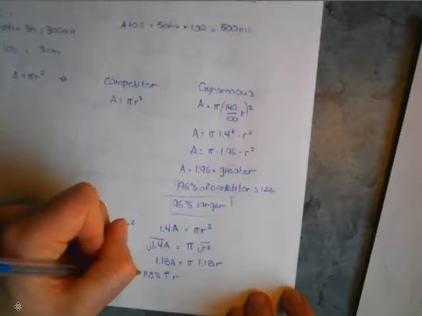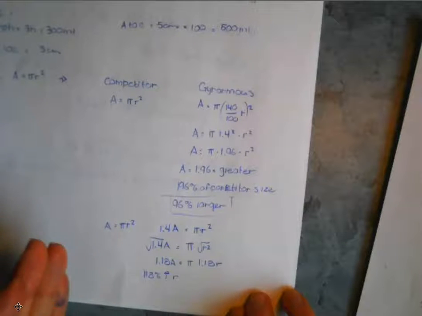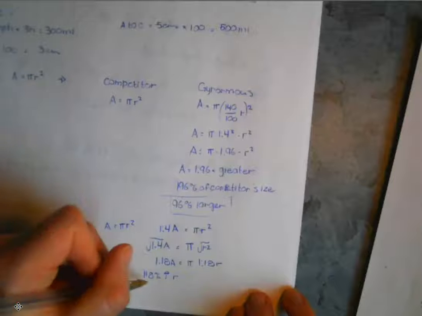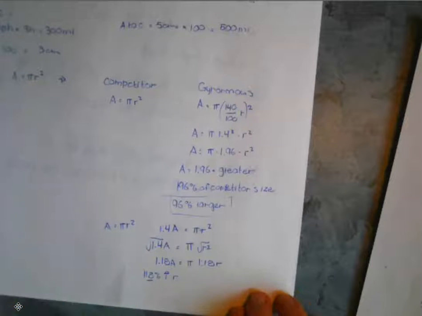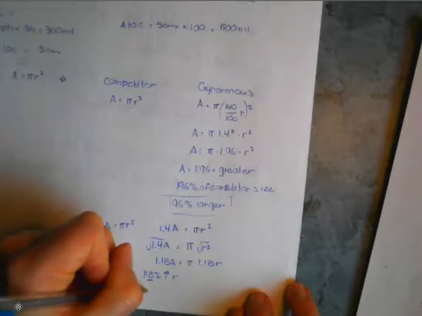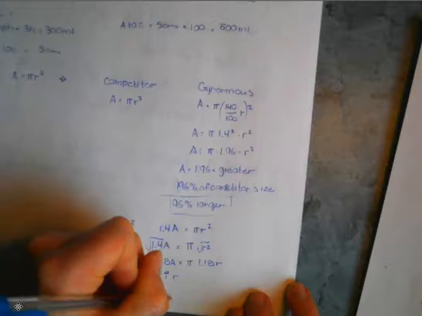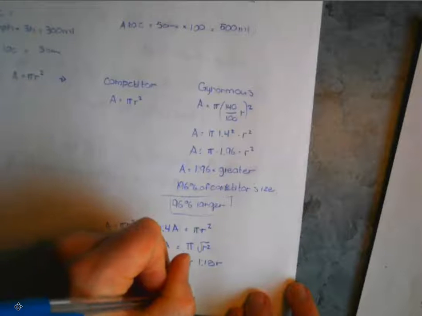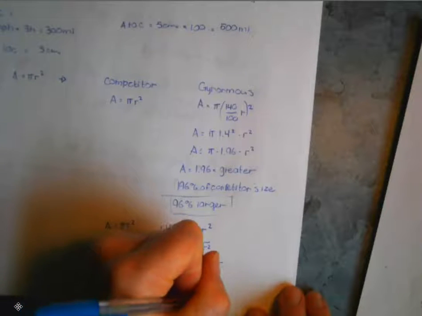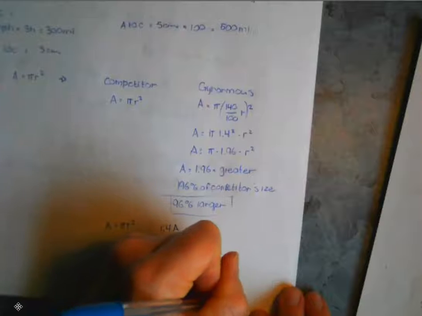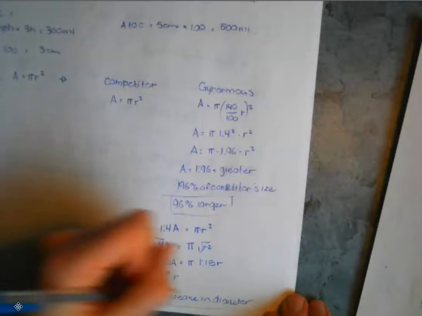So 100% of that is making it the same as the original, and then above that is the 18%. So what we see is an 18% increase in diameter or radius. It's the same because it's a scale factor.